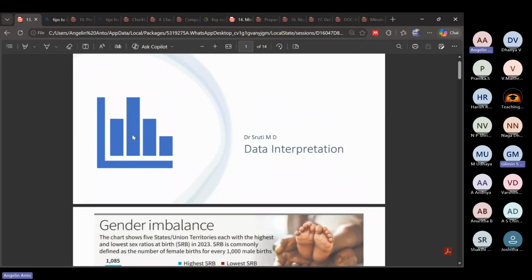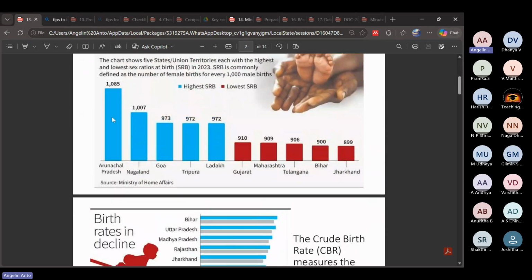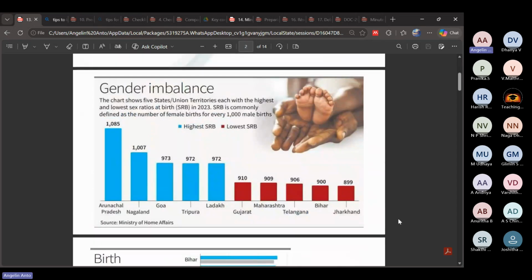But before that, as soon as you see a graph, there are some things you should take care of. You should make sure you can identify what the graph is. So think about what this graph is telling me. This particular graph is telling me about the gender imbalance, and it talks about which has the highest and lowest ratios at birth. So these are the different places, and this is the number, and so on.